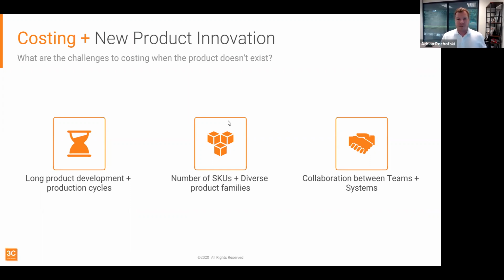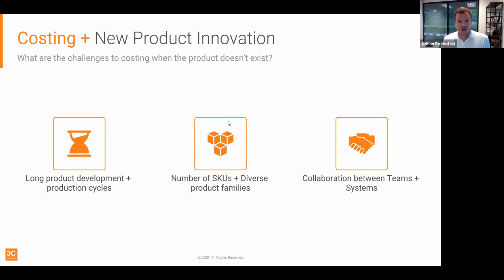But obviously there is something to be said around costing your products in the same way when you innovate or quote versus doing your standard cost, your actual cost, your dynamic costing, right?